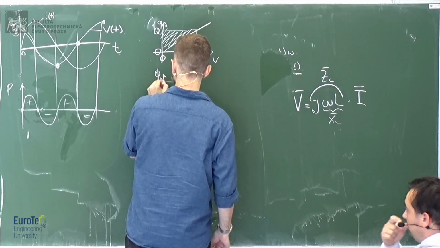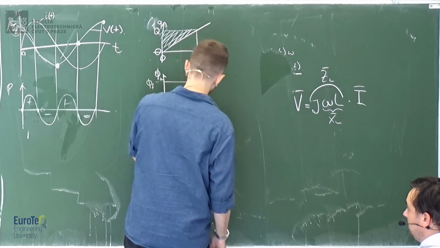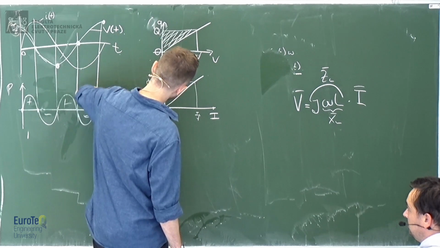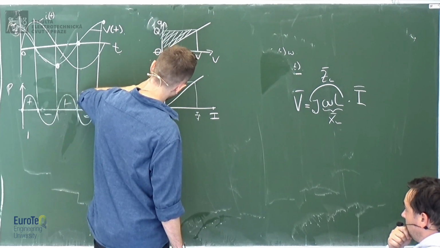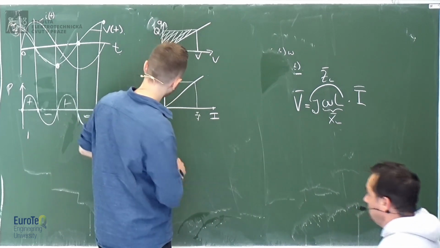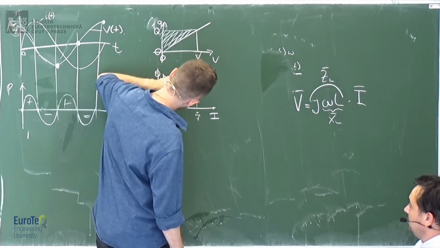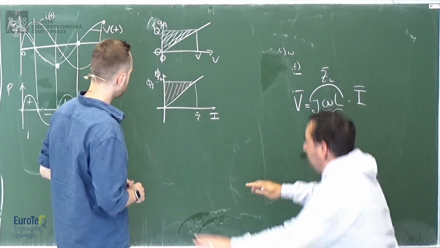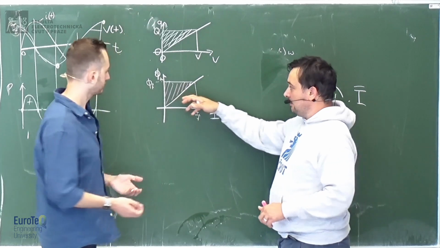We move the current from 0 to I, okay? All this area is all the energy that we put inside the inductor, okay?